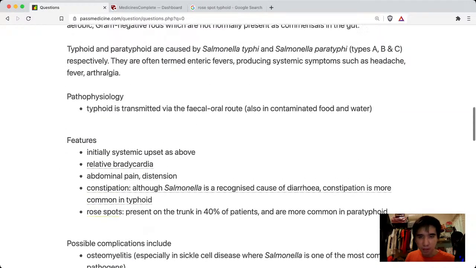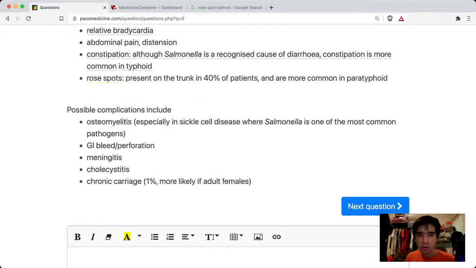There is a reason why some organisms are more common in people with sickle cell disease. It's because their spleen dies sometimes. In sickle cell disease, there's a high tendency of your red blood cells causing a clot to your spleen, and then it will cause something known as autosplenectomy, which means your spleen just dies on its own.